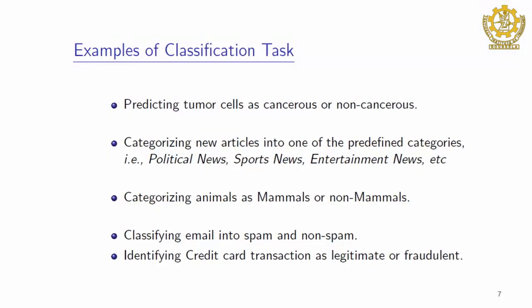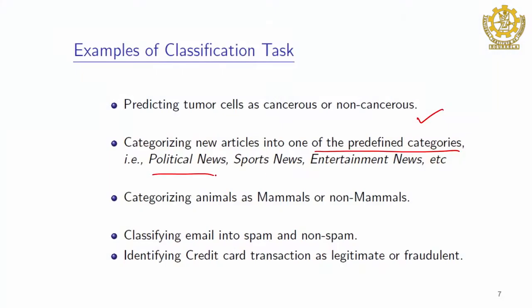A few examples we talked about: predicting a tumor cell as cancerous or non-cancerous. This is a classification example. Another is categorizing a news article into one of the predefined categories. If you look at Google News, they also have predefined categories, as you can see on the left side: sports news, entertainment news, technology or scientific information and so on.